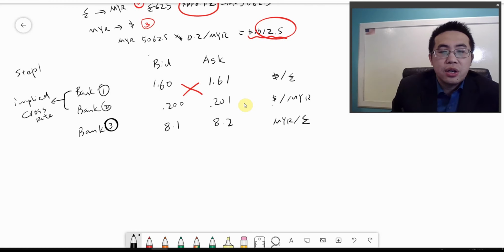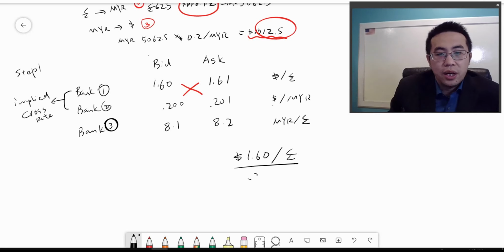And then which currency on the top? From the magnitude of the number, you should know that you should put 1.6 over 0.201 to get a number close to 8. But to get things verified, you can put $1.6 per pound and then $0.201 per Malaysian ringgit.